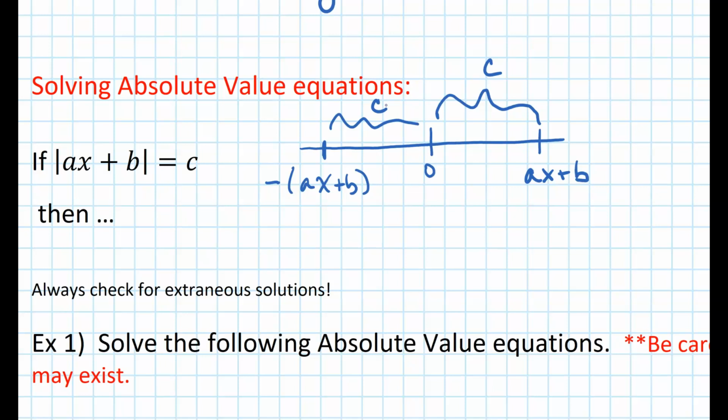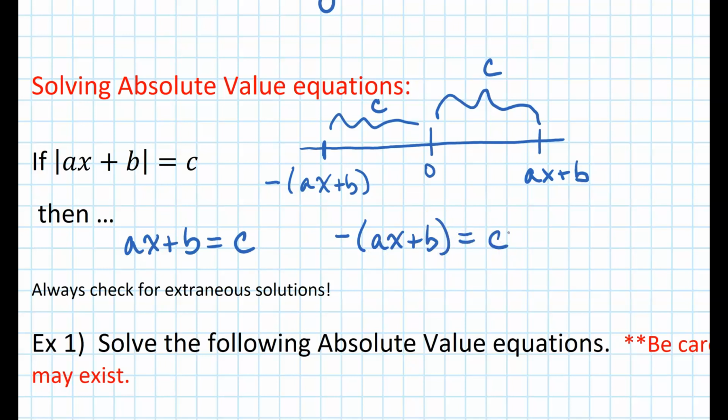So what ends up happening is we get two separate equations. The first equation being just like it's written in the first place, ax plus b is equal to c. The second equation is going to be the negative, the opposite direction. So negative ax plus b equals c.